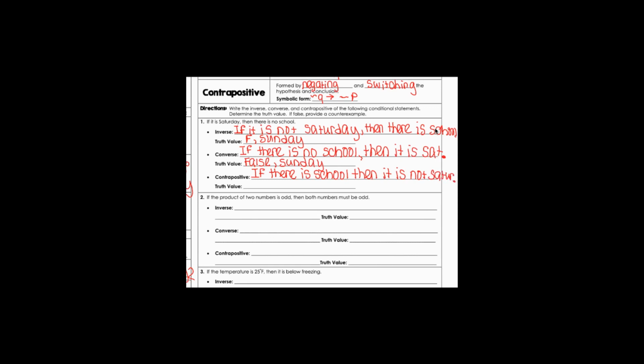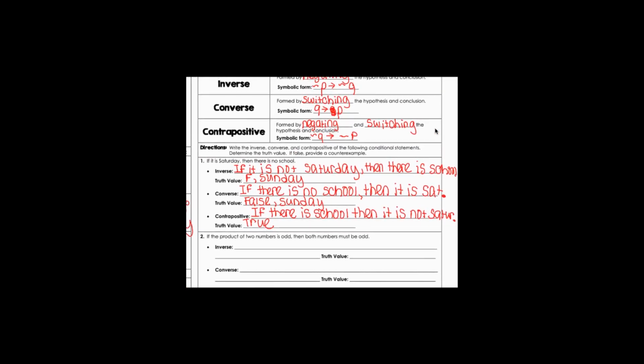I'll just abbreviate there. So if there is school, then it is not Saturday. That is a true statement. Okay, I'll let you attempt 2 or 3 on your own and then check your answers. Just pick one of those to try on your own. And then we're going to go ahead and continue on to the next part.